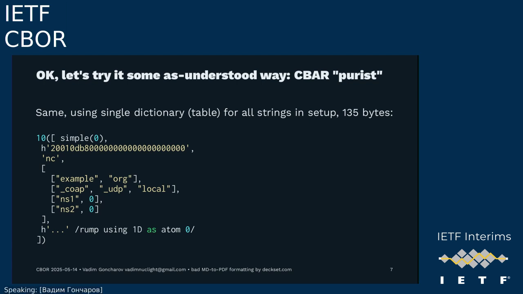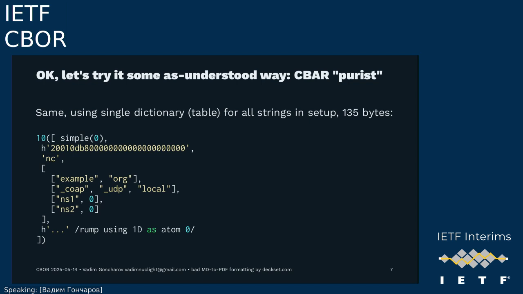For example, here in CBOR CBAP, you can see usage of simple 0, which is a function name, which puts some items into a table, you might call it a dictionary, into table 0. Symbols 0 to 6 are intended to fill tables 0 to 6, and others may be used for other functions.